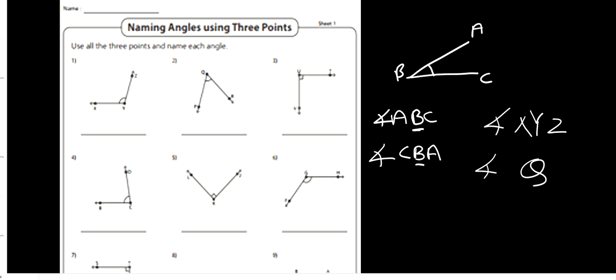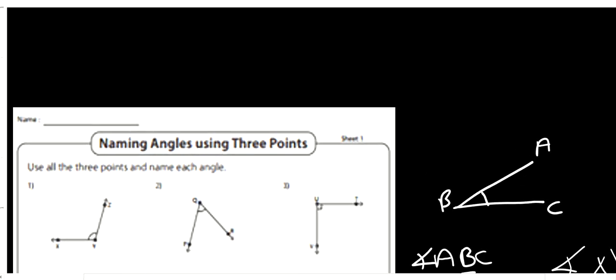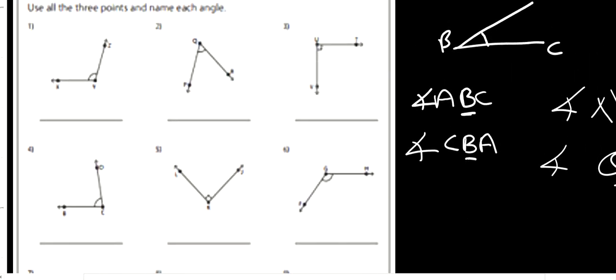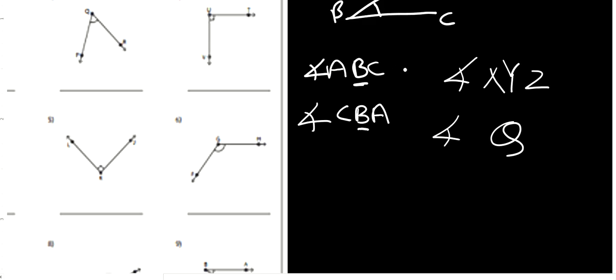This looks very blurred, let me see if I can make it clearer. So it is PQR. This can be written as angle P, Q, R. So this is how we write an angle.